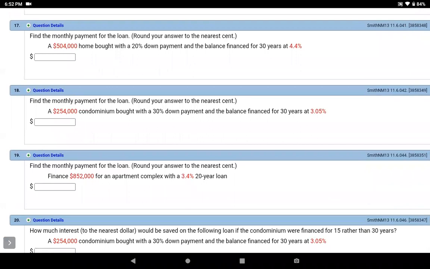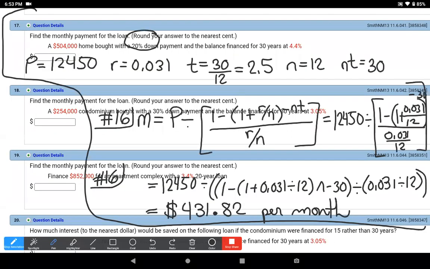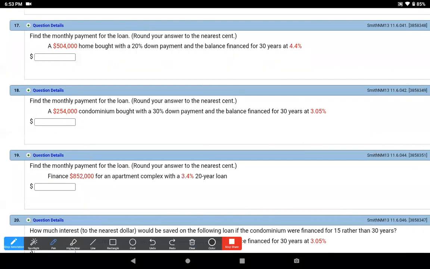Okay, so in 17, they want us to find the monthly payment, right? So 17, 18, 19, we're using the same formula, right? The one we've been using. That's scratch there. So we have the formula.